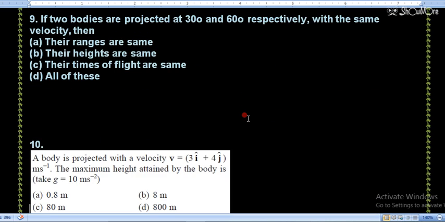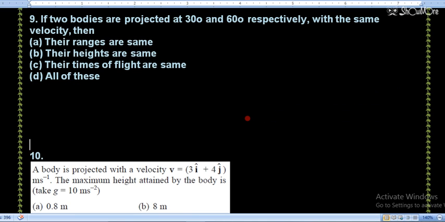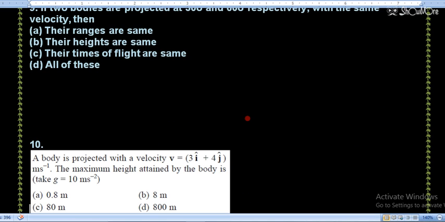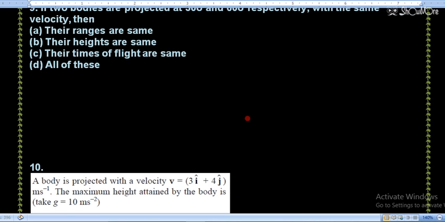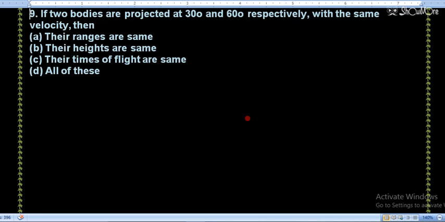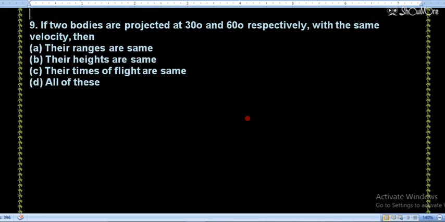So next question is, if two bodies are projected at 30 degree and 60 degree respectively with the same velocity, then what will be the same. तो इनमें से सेम क्या होगा, that is the question.